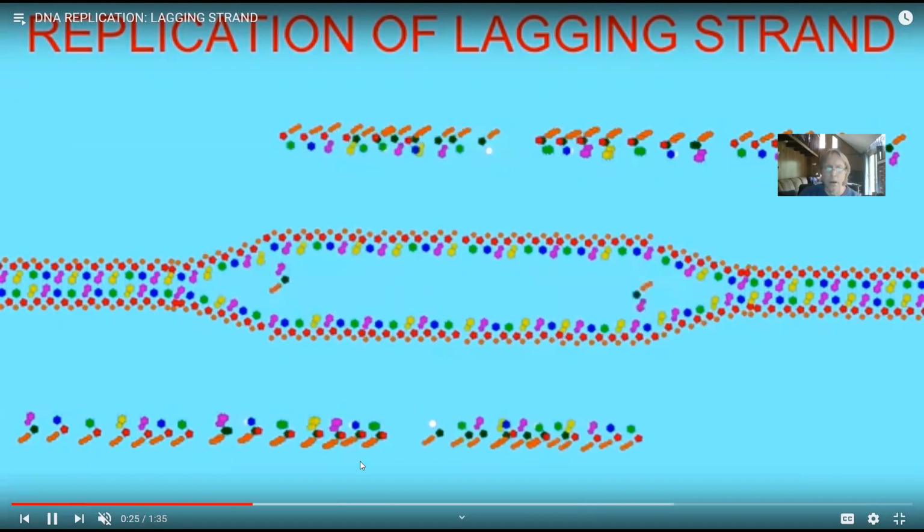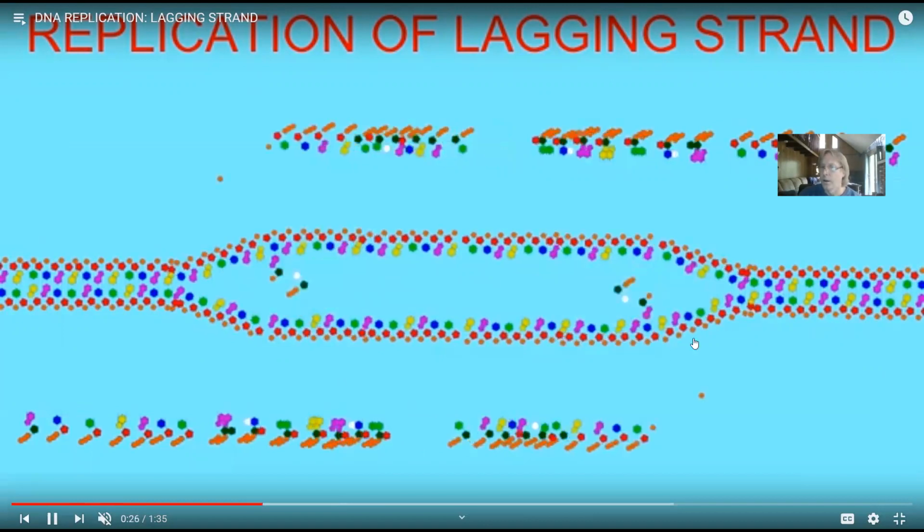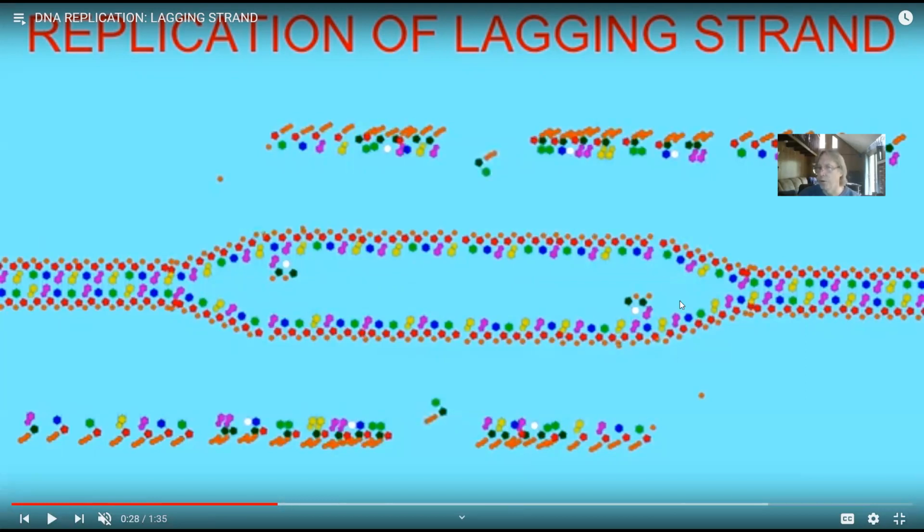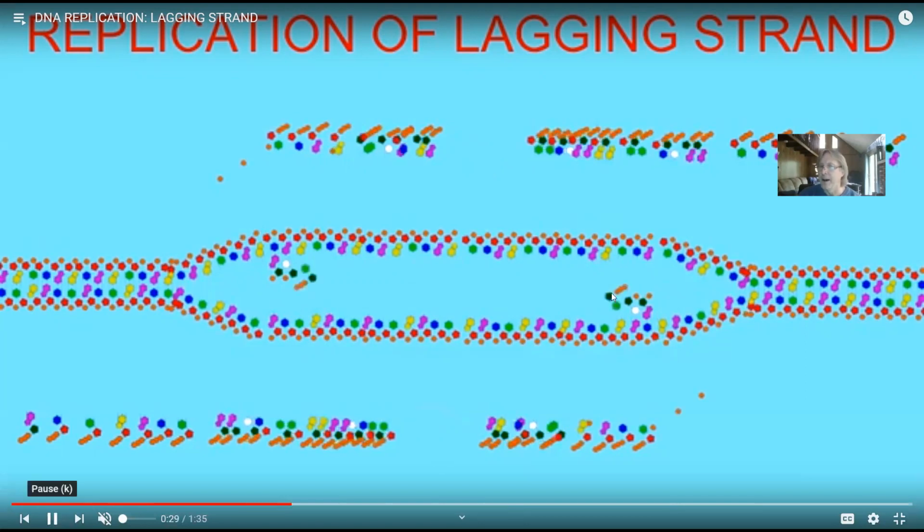So let's just talk about this strand right here on the right, on the bottom. The replication fork is moving farther to the right, but the 5' to 3' direction means that from this point here, we're now going to move to the left if new nucleotides come in with their 5' end. So notice the 5' end would attach here, all right?